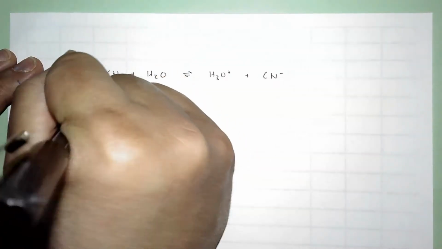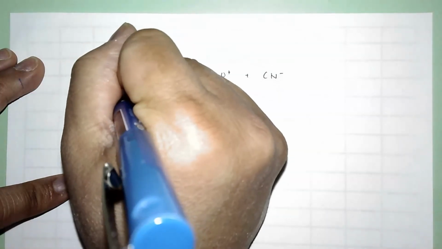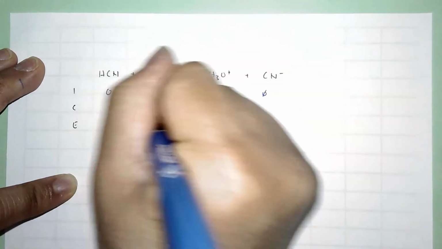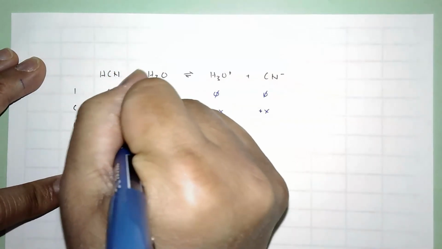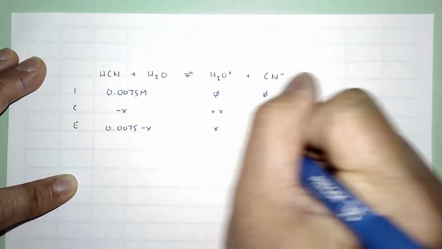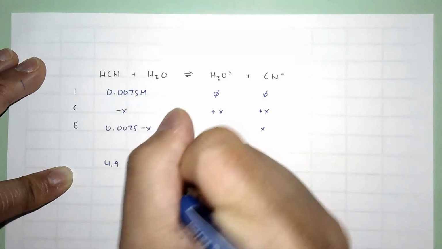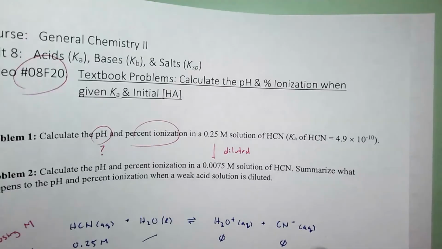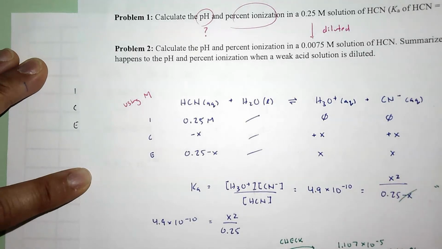I normally wouldn't take all these shortcuts, but it's the same acid, it's the same Ka, and it's the same setup, except now we're going to change the initial amount.